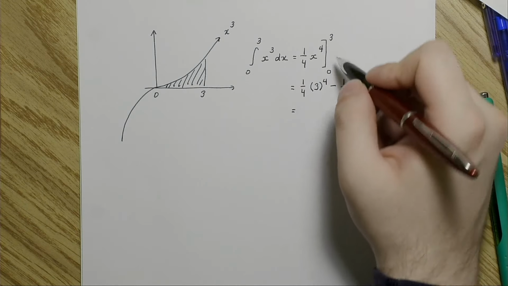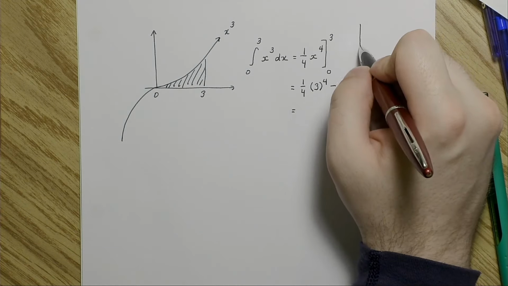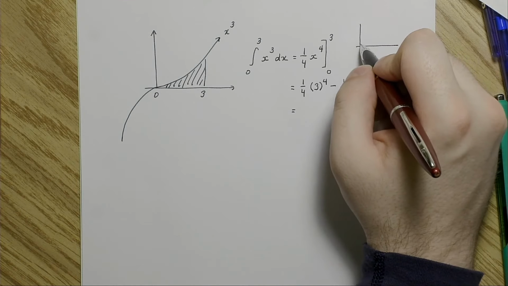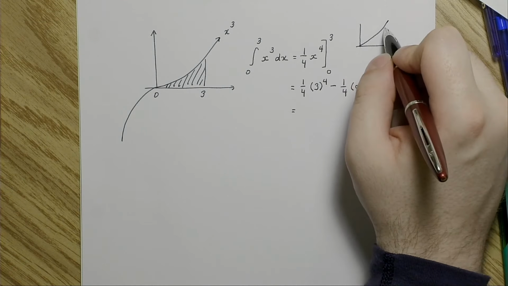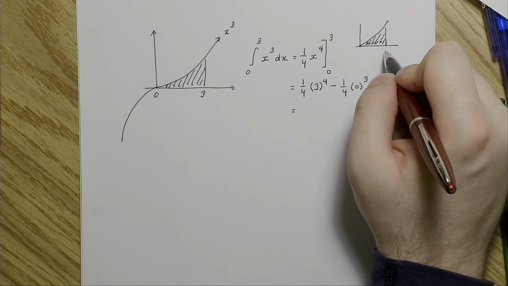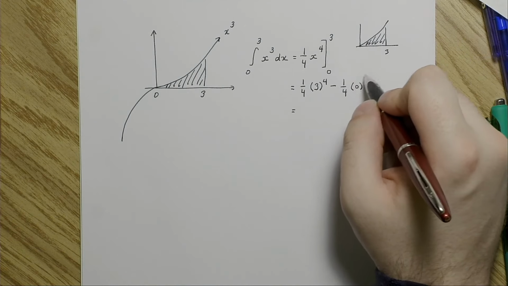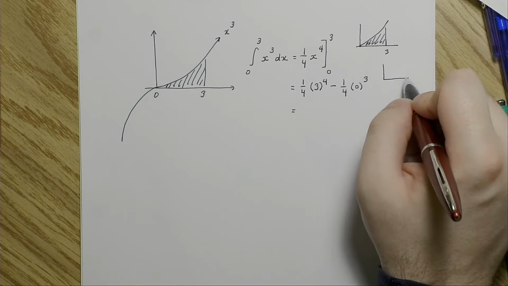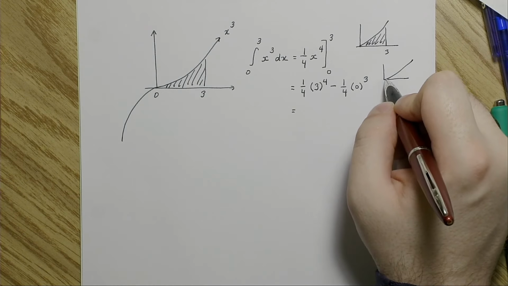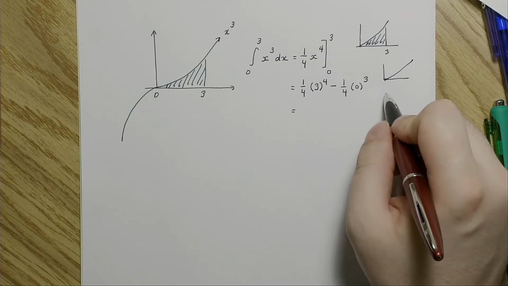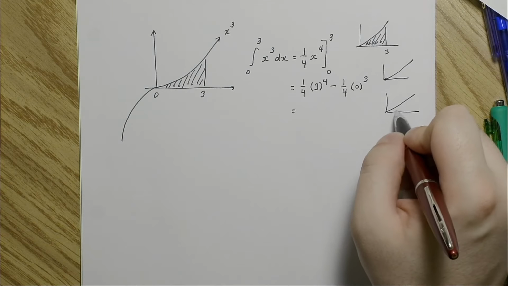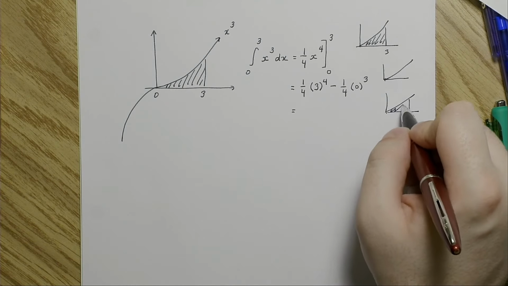So again, what that is doing is, this first part here is taking all the area up to 3. The second part is taking all the area up to 0, so it's removed. And so I'm left with the area between 0 and 3.